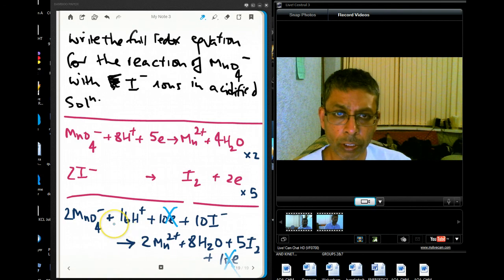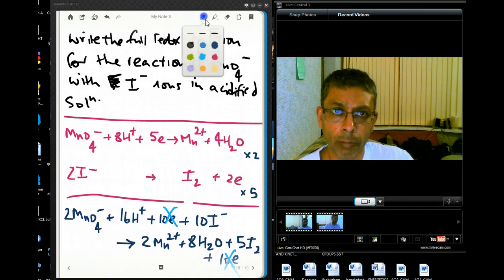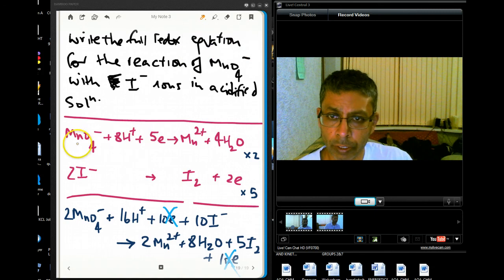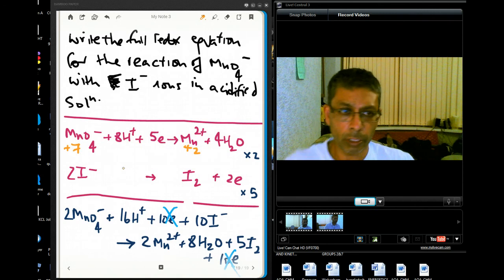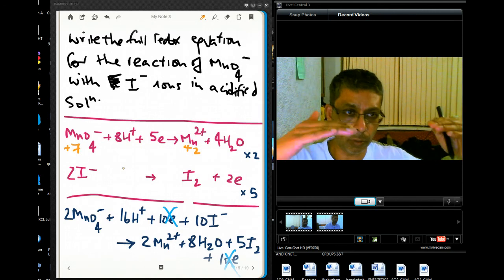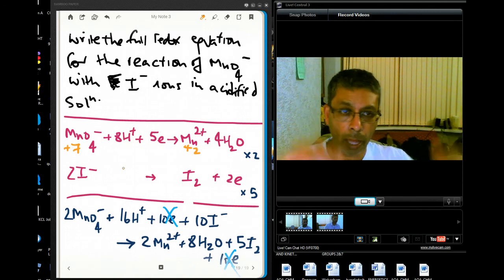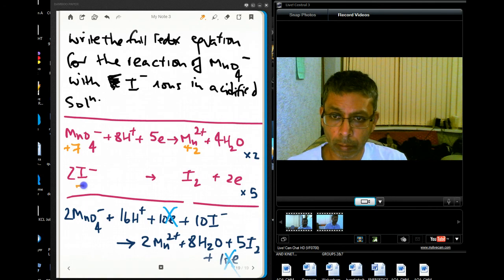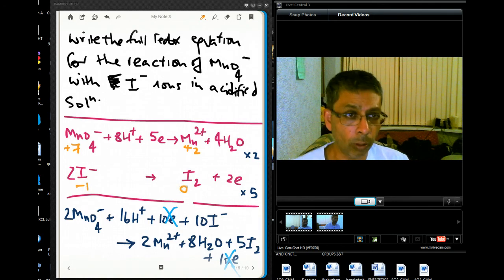Okay, let's just look at the oxidation numbers again, just over here in our half equations. Manganese +7 oxidation state to +2, oxidation state +7 gone down to +2, reduction, and the iodide -1 to 0. Any element in its normal state at room temperature and pressure, oxidation number 0.